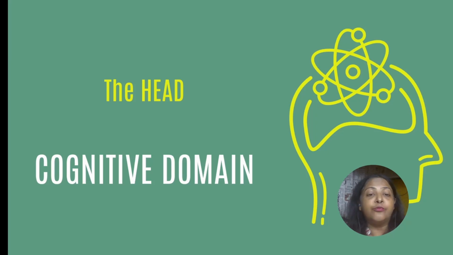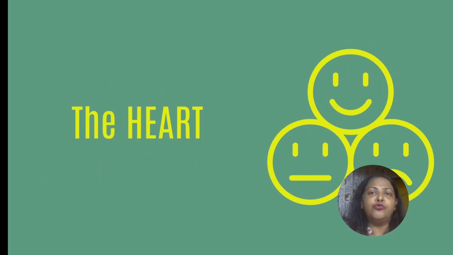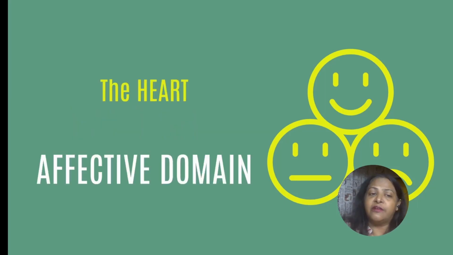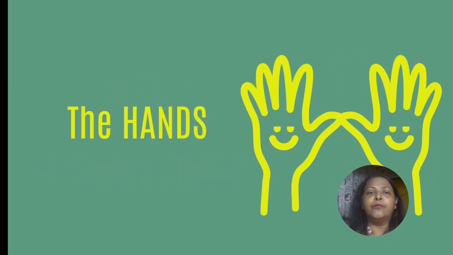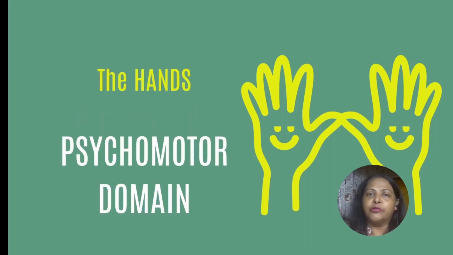And this is the domain that we will do in detail. The second domain is the heart, and it has to do with emotions, feelings, our social standing, how we feel about others, how we feel about ourselves. And this is called the affective domain with an A. And the third domain is called the hands, or the physical part, which is the psychomotor domain. So broadly, these are the three domains.